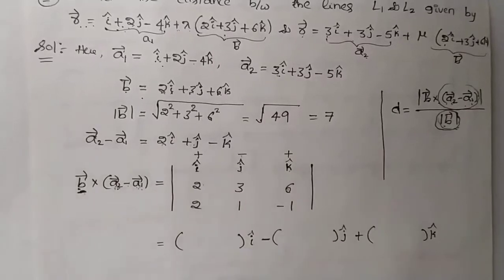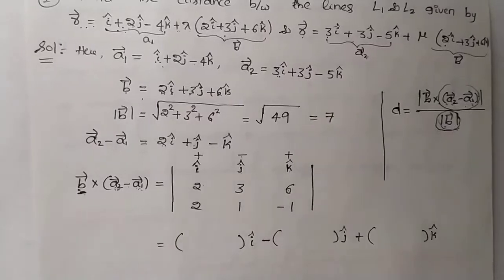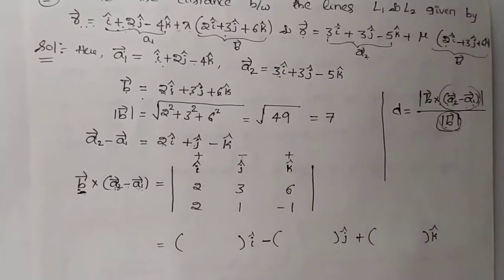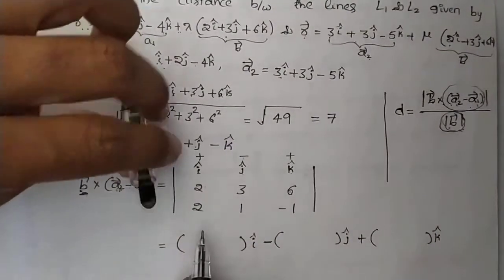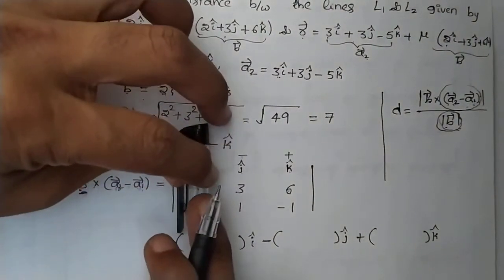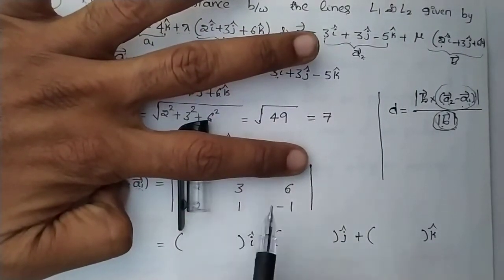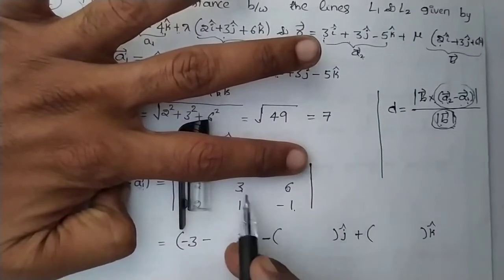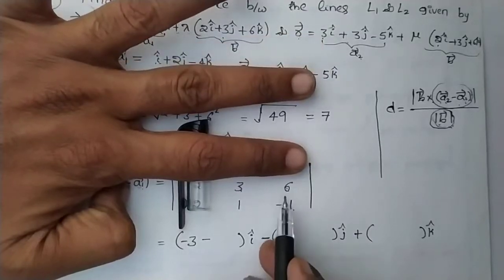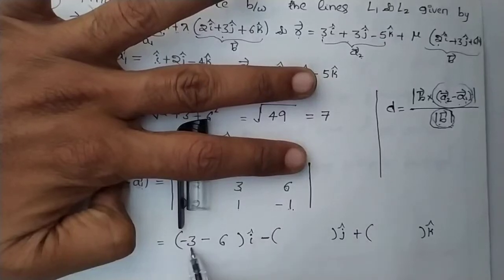Now delete the corresponding row and the corresponding column. For i cap, we get 3 into minus 1 is minus 3, minus 6 into 1 is 6.